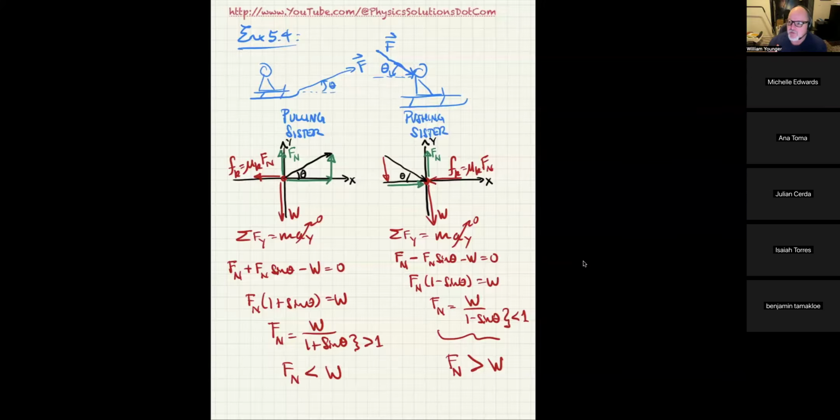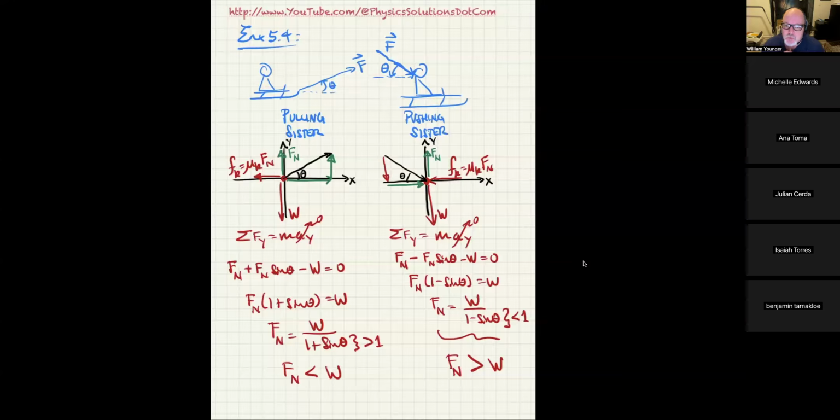The only difference is that in one case the angle is downward that we're pushing her, in the other case the angle is upward that we're pulling her, but everything else is supposed to be equal for this particular problem. That's why I have to reach the conclusion that pulling her is more efficient than pushing her. But yeah, if you add more weight, that's going to be a problem.